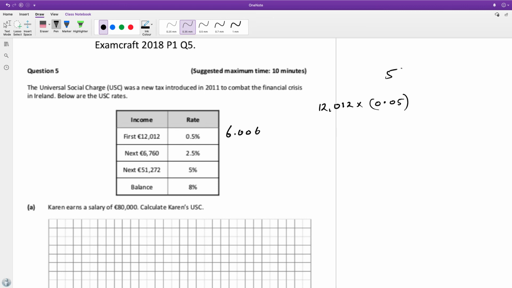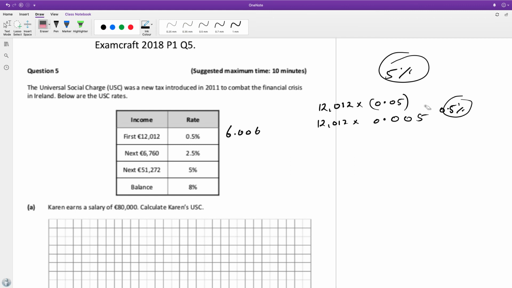That is 5%. This is 0.5%. So that's 12,012 multiplied by 0.005. This is 5%. This is 0.5%.